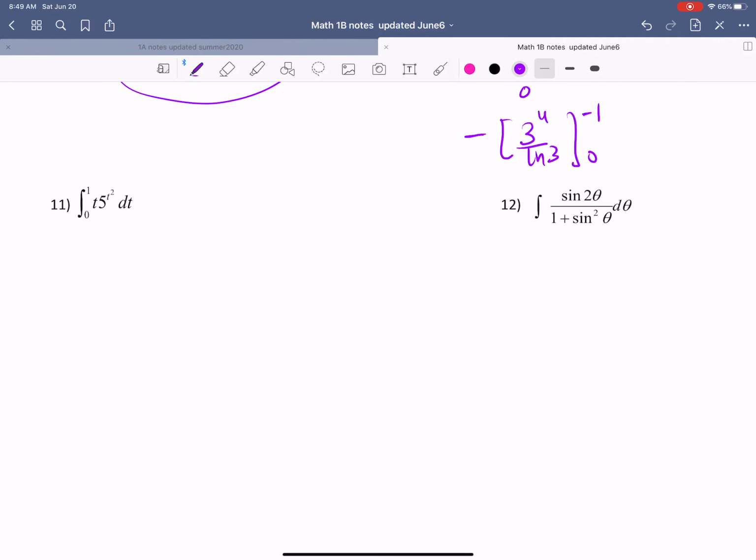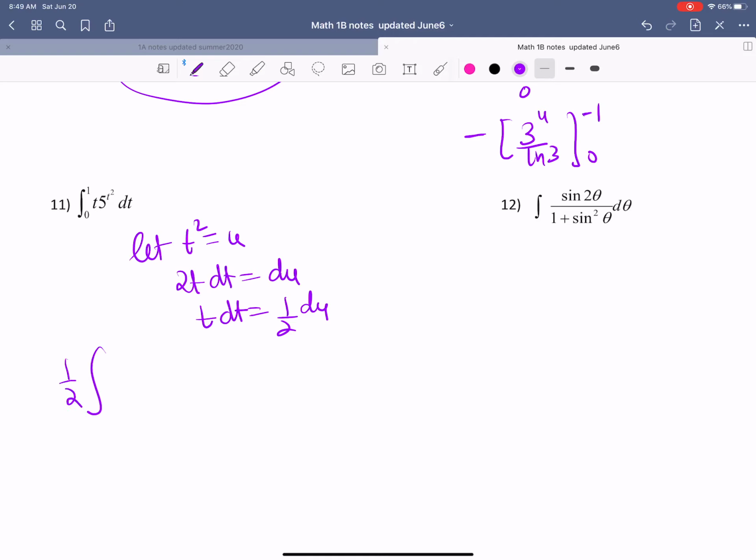Next, we have the integral of t times 5 to the t squared from 0 to 1 dt. So we're going to let t squared be u, 2t dt be du, t dt be 1/2 du. So we have 5 to the power u du. Let's go ahead and change the bounds. When t is 0, u is 0. When t is 1, u is 1.